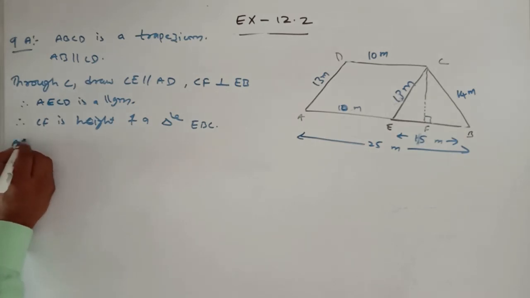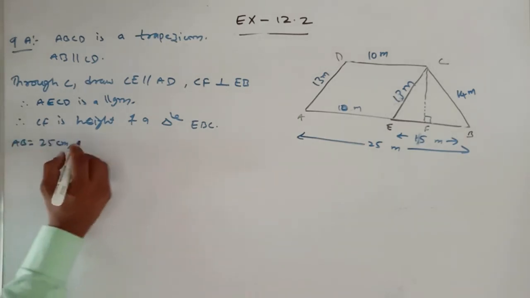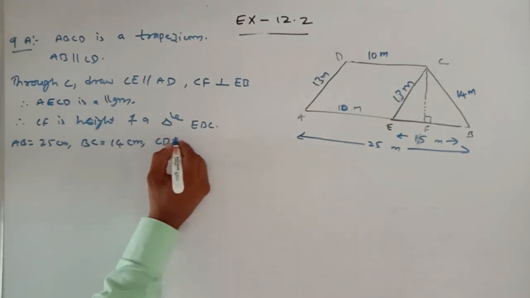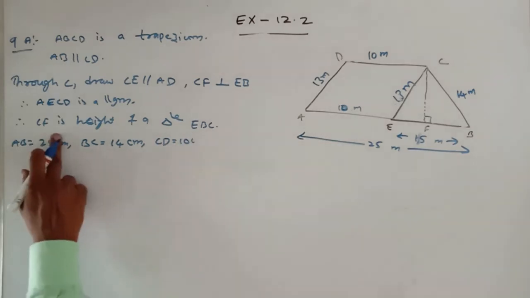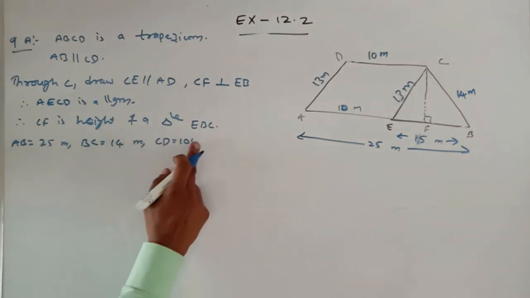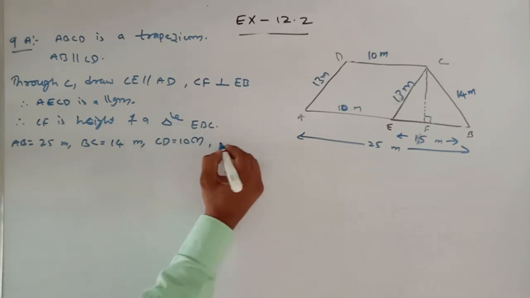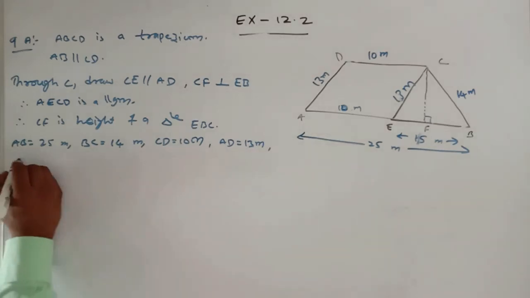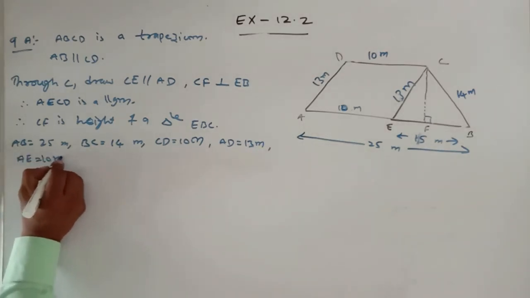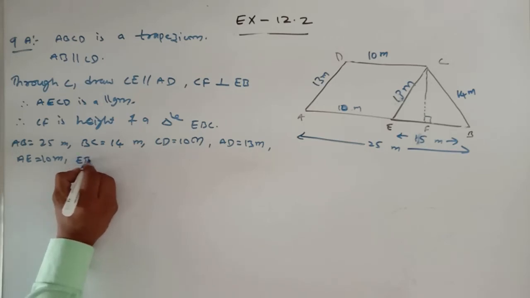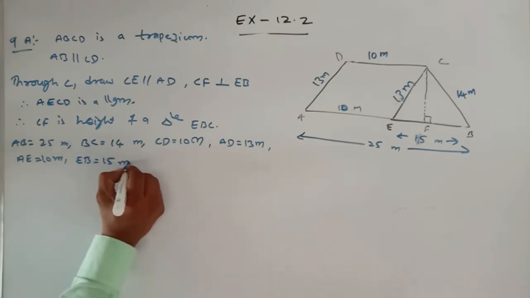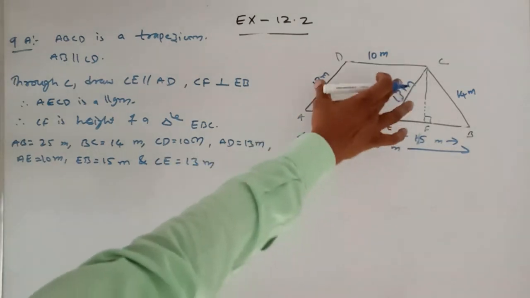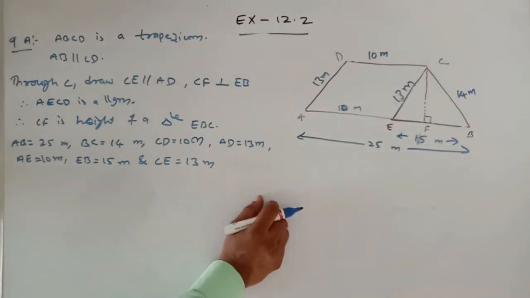Now AB is equal to 25 meters, BC is equal to 14 meters, and CD is equal to 10 meters, AD is equal to 13 meters, AE is equal to 10 meters, ED is equal to 15 meters, and CE is also 13 meters, because it is a parallelogram, hence opposite sides are parallel and equal.